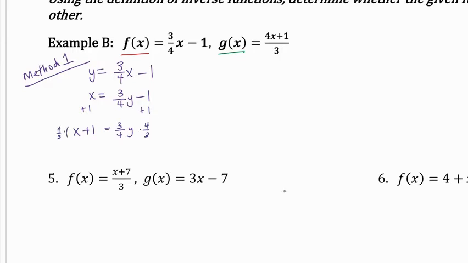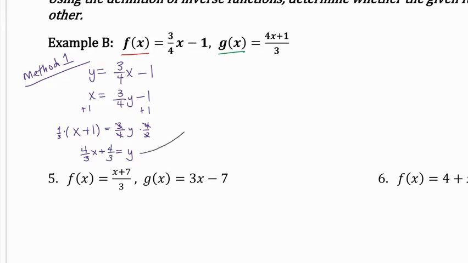And make sure you do distributing on that side. So here the 3's cancel, the 4's cancel. I'll end up with y equals, and if I distribute that 4/3, I would get 4/3 x plus 4/3, right?